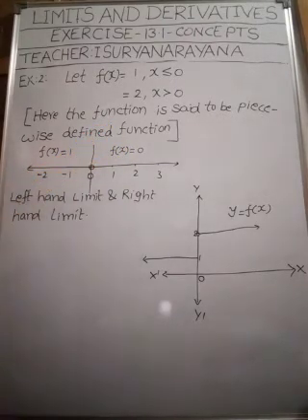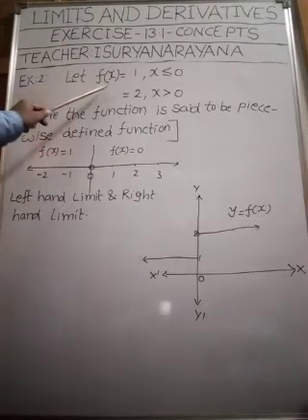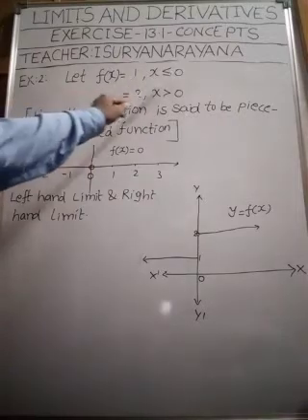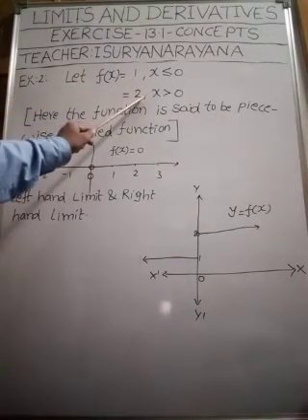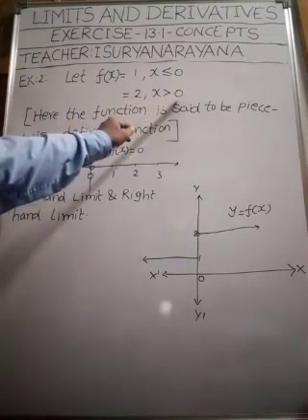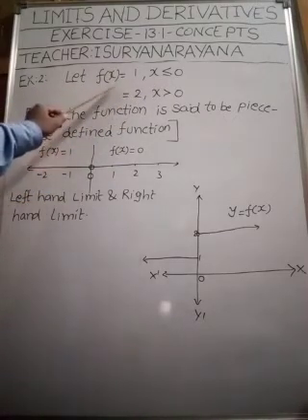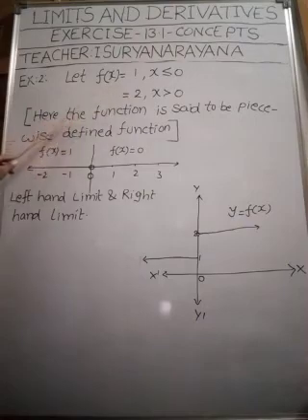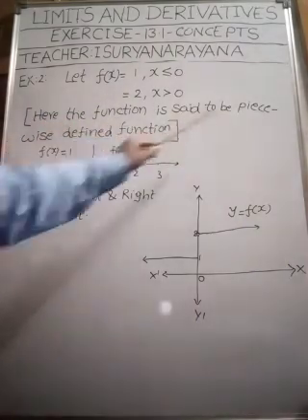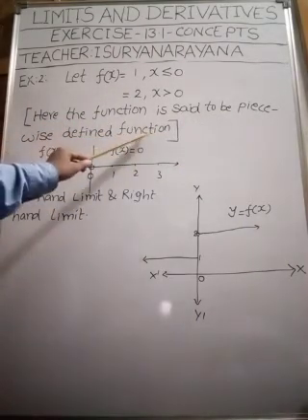Right hand limit of a function. Suppose you take this function: f of x is equal to 1 for x less than or equal to 0, and f of x is equal to 2 for x greater than 0. Okay, my children, a function f of x is defined like this. This function is said to be a piecewise defined function.